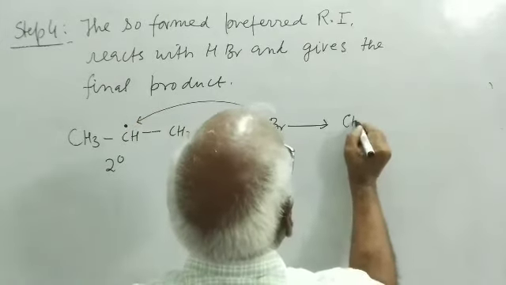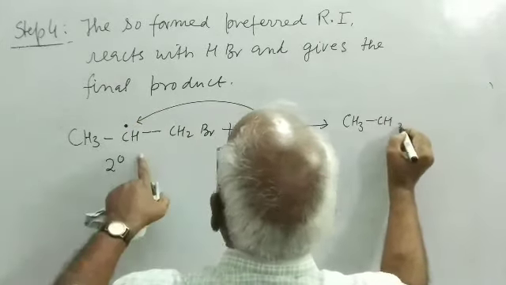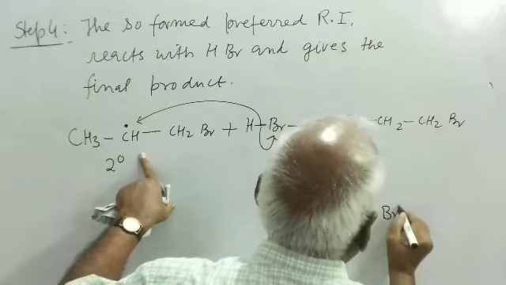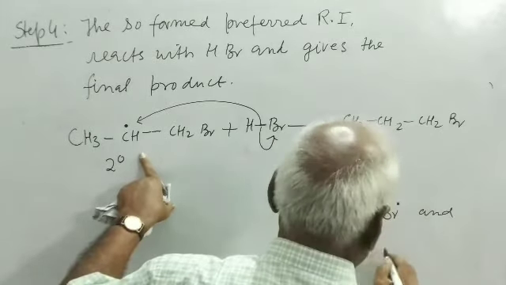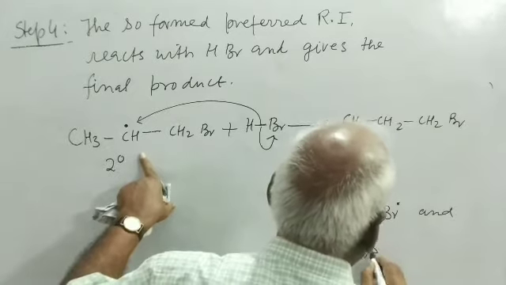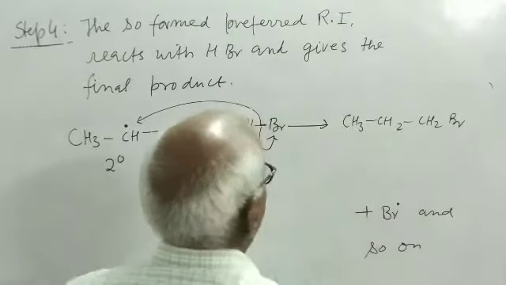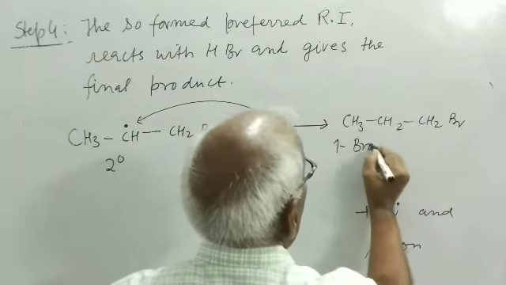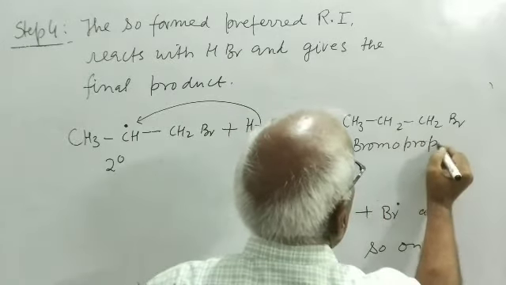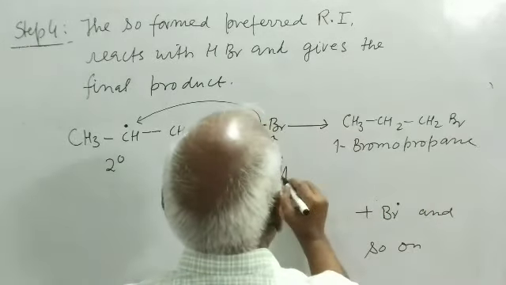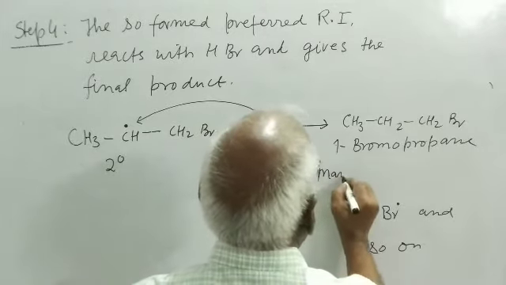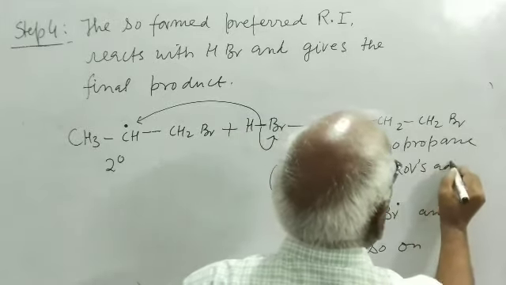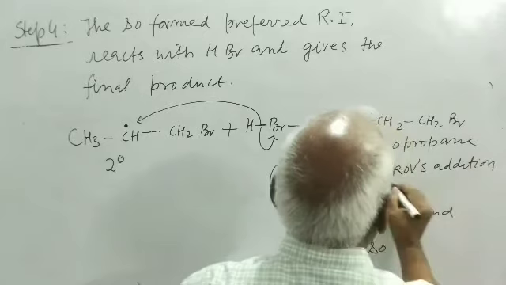So the product is CH3 CH2 CH2Br plus bromine atom, and the reaction goes on and so on. This product is the anti-Markovnikov addition product, 1-bromopropane, that is the anti-Markovnikov addition product.